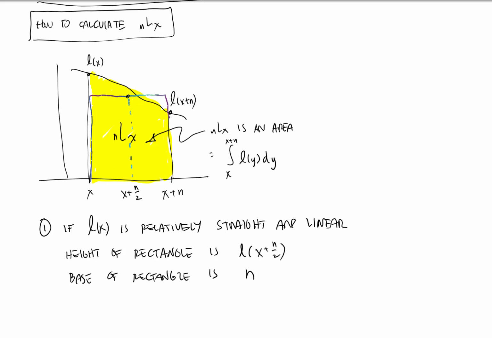So that means that nLx, we're going to approximate by n times L of x plus n over 2.